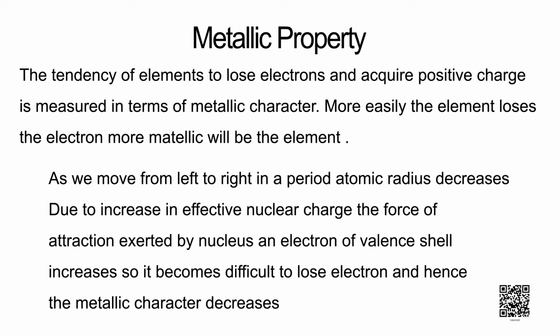Due to increase in effective nuclear charge, the force of attraction exerted by the nucleus on electrons of various shells increases. So, it becomes difficult to lose electrons and hence the metallic character decreases from left to right in a period.